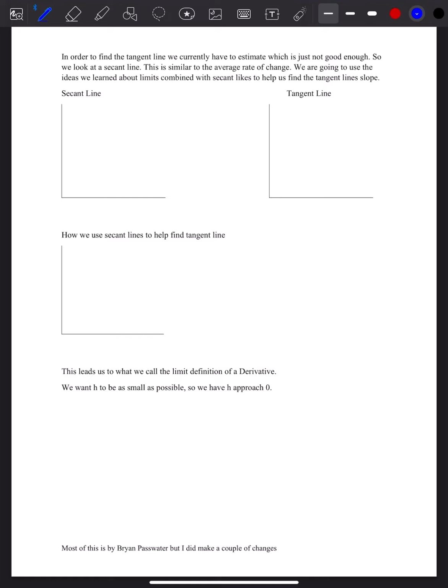So if I have a function, say something that looks like this, our secant line is any two points on this graph put together.